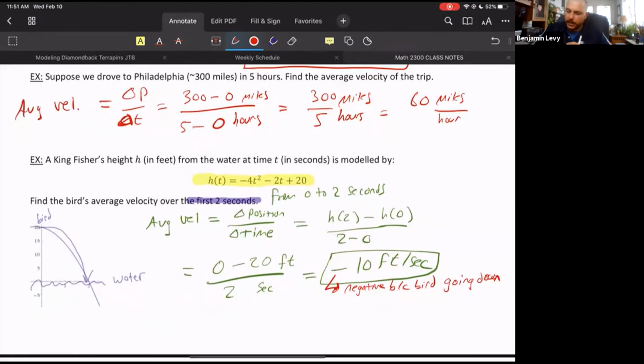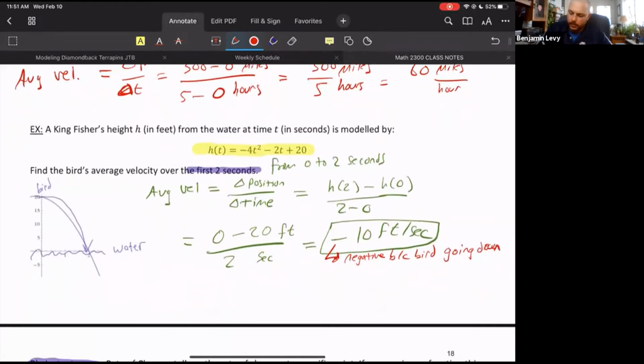So I'm just going to maybe add that little note at the bottom. In velocity, the sign tells us direction.